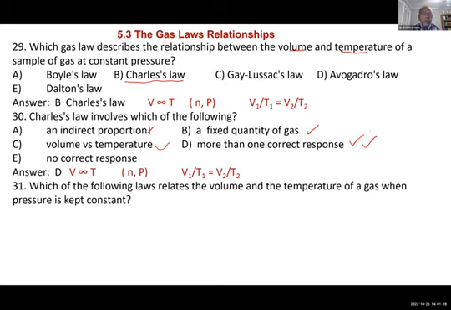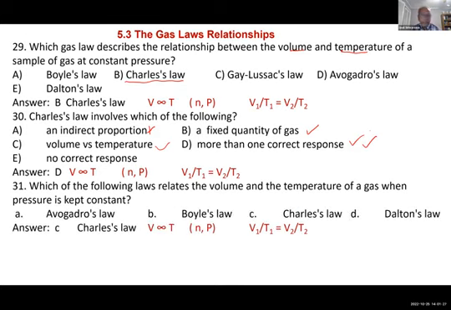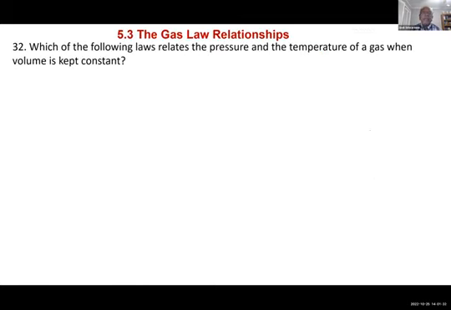Which of the following laws relate to the volume and temperature of the gas when pressure is constant? That's again Charles' law. I am giving you a lot of questions so that you remember the equation. Number 32, which of the following laws relate to the pressure and temperature of a gas when volume is kept constant?